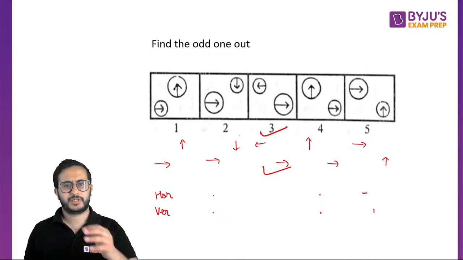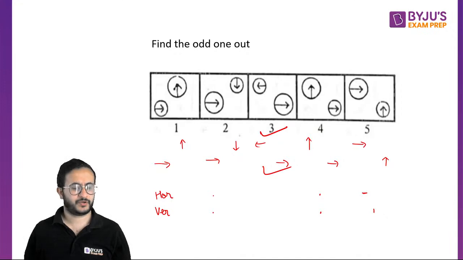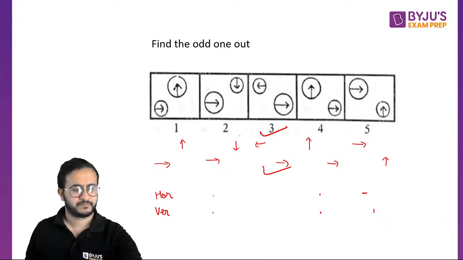Both are in horizontal direction. That is the reason you can say that it is the odd one out. What are the other reasons that you give?